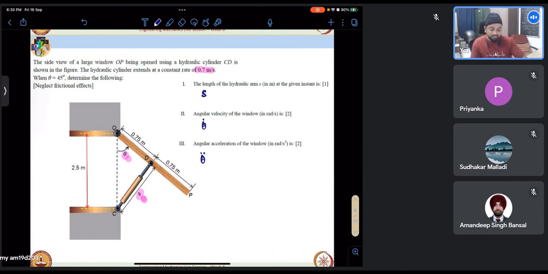As I had mentioned in the starting classes, it is better we brush up our fundamentals on the sine rule and cosine rule.